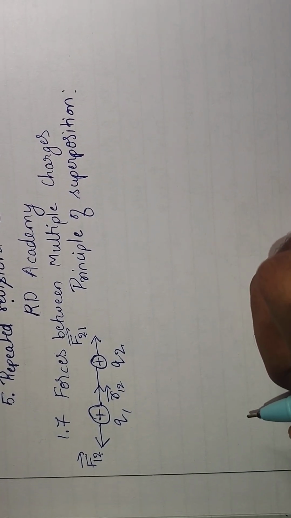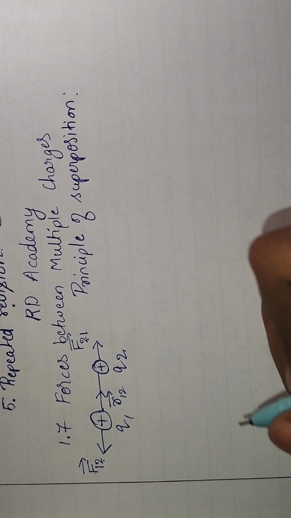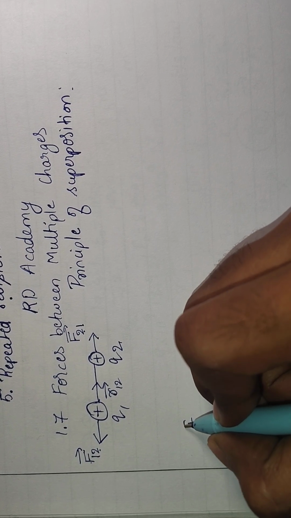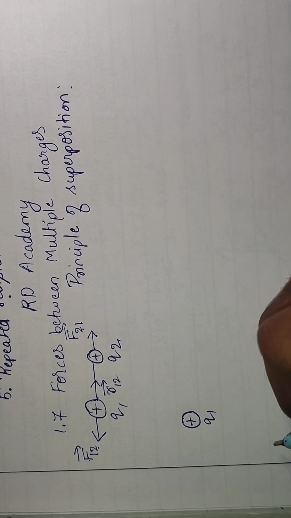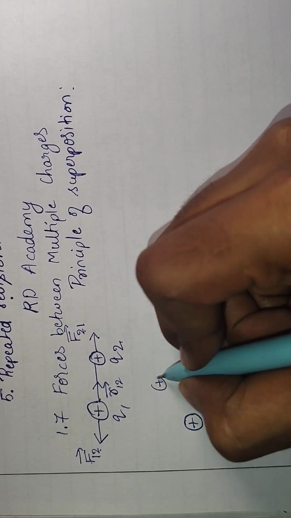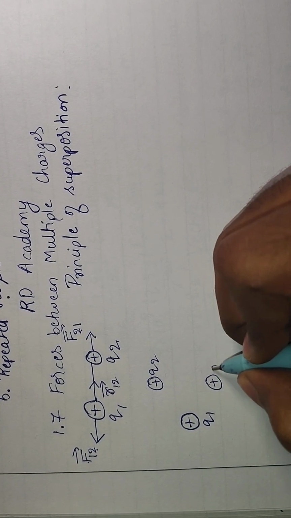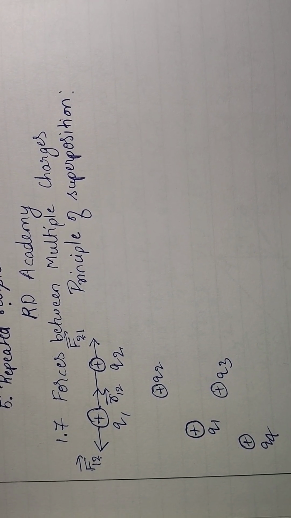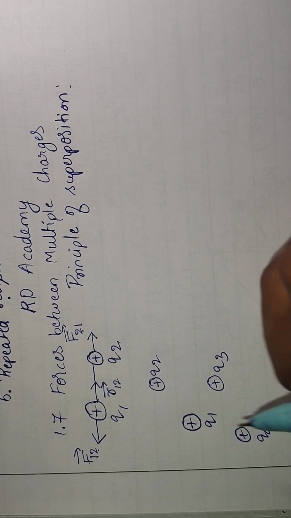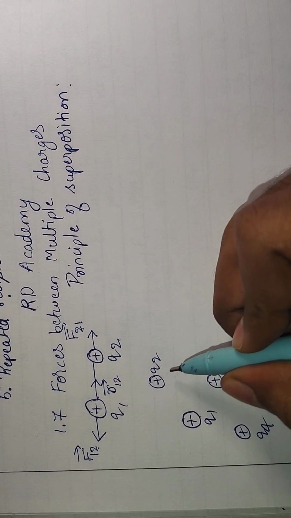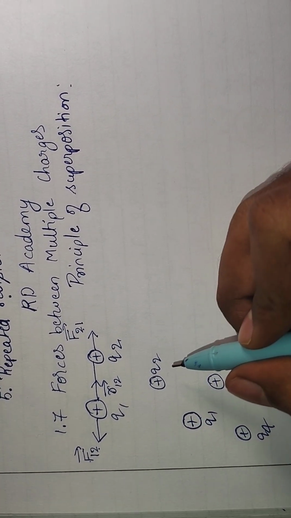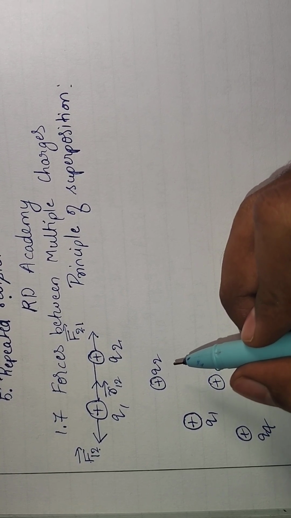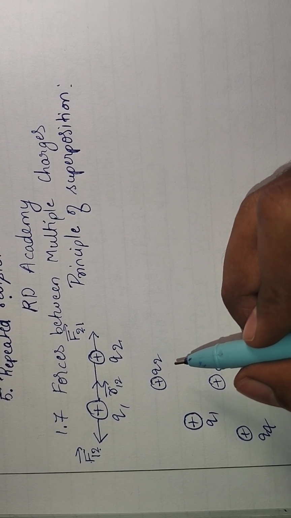Assume there are more than two charges in the system. This is Q1, which is surrounded by Q2, Q3 and Q4. What will be the total force acting on Q1? To deal with a multiple charge system like this, we use the principle of superposition.